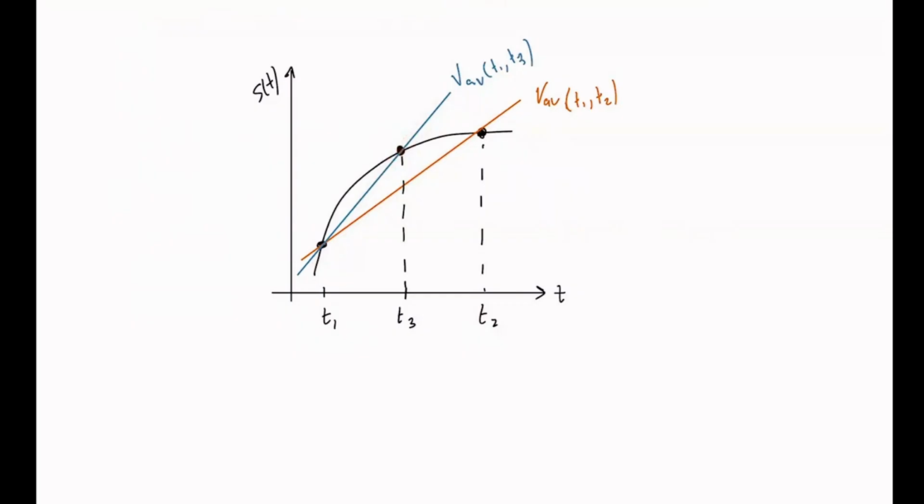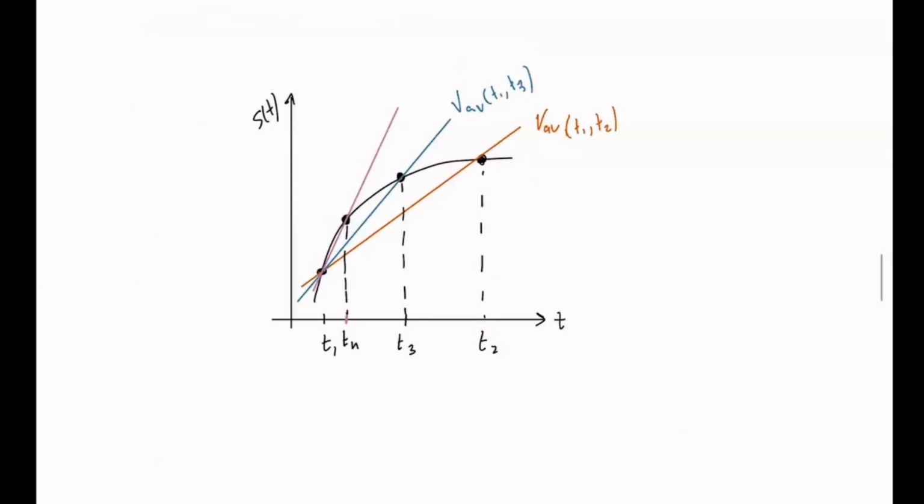And then if I move even closer to T1, let's say somewhere right here, that's my T4, and the point on the graph would be here. If I draw a secant line through these 2 points, I have my velocity between T1 and T4.